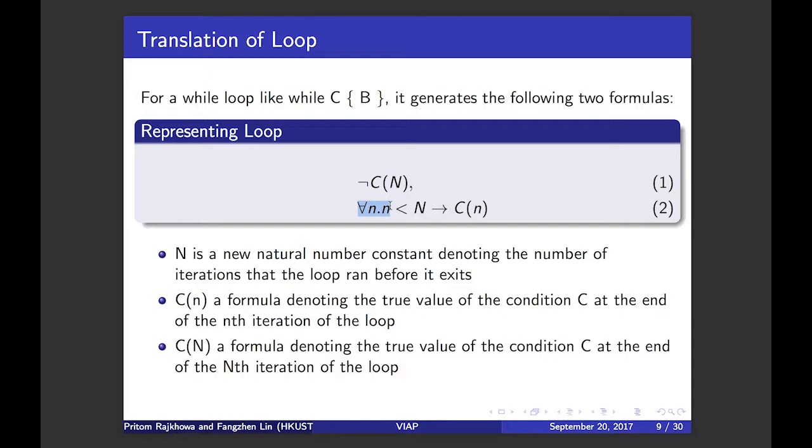So basically it generates the following two formulas for a loop condition. N is a natural number constant denoting the number of iterations the loop runs before it exits.